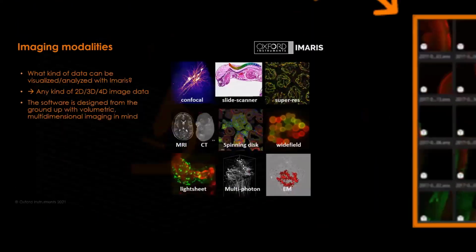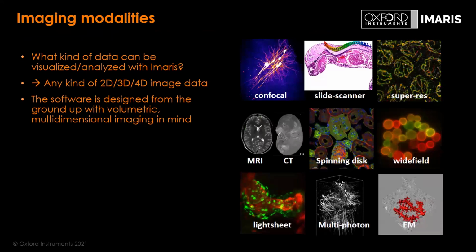So starting with the acquisition, IMARIS is an agnostic software, which means a wide variety of imaging modalities can be used with IMARIS. Most people know it as a fluorescence microscopy and image analysis software, which is the case. Like 80% of our users use it for fluorescent microscopy or any type of optical microscopy.